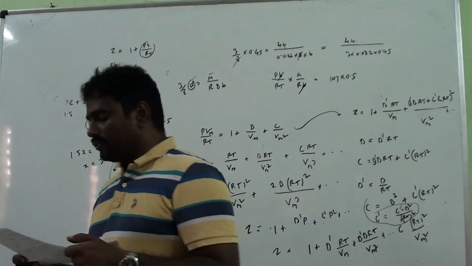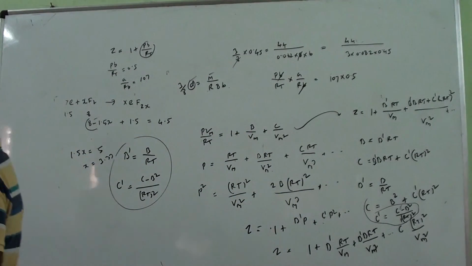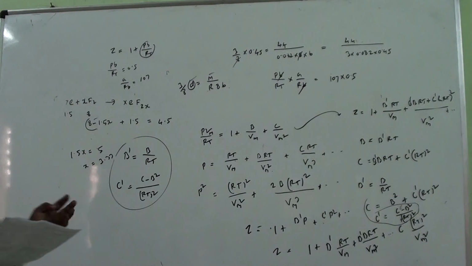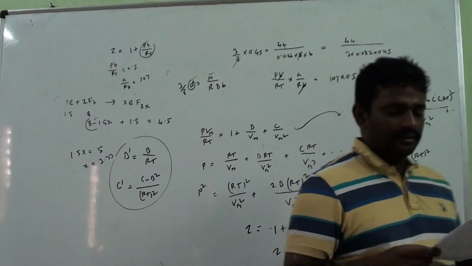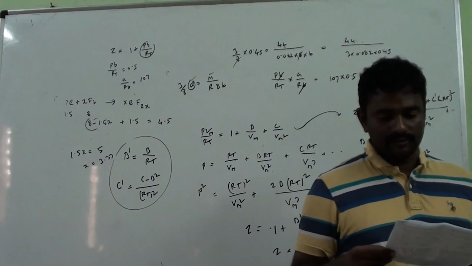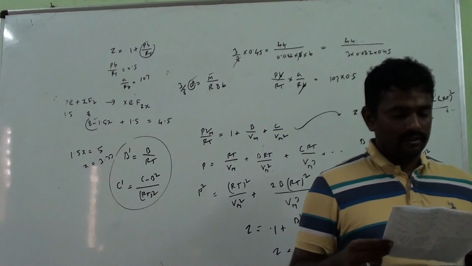Question 41. The van der Waals constant A is a measure of attractive force. Yes. Van der Waals B is the volume excluded by gas molecules. Van der Waals constant A is a measure of intermolecular attraction between gas molecules. A gas with a large A value has a high critical temperature. Yes, ABC.